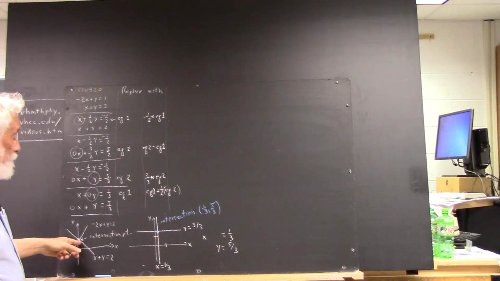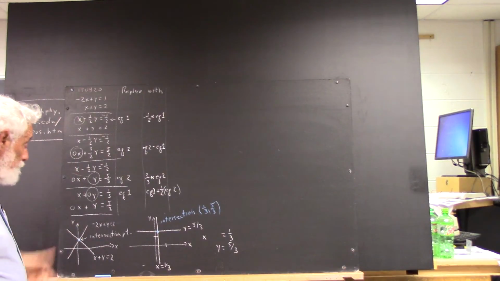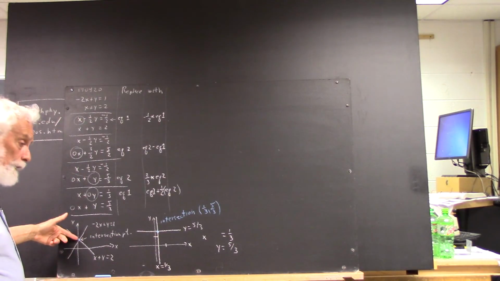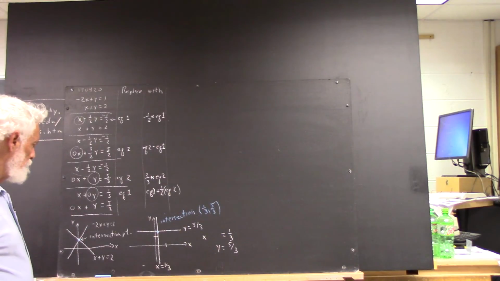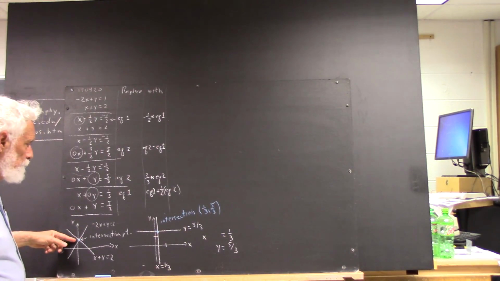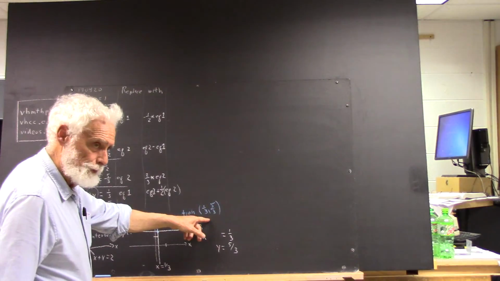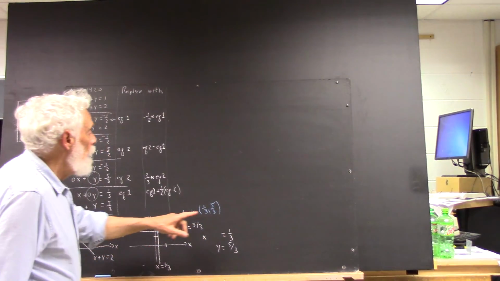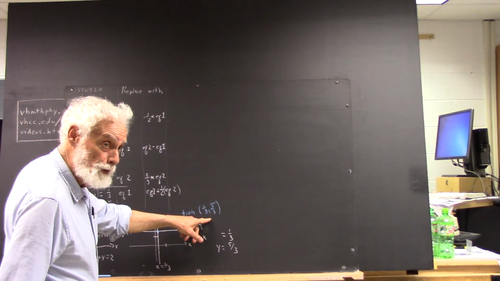Remember, we estimated this was 1/2, 5/2, 1/2, 3/2. That was the estimate a couple of people got, and that's the one we used. We compared that with this and saw that our estimate was pretty good. But when we did the algebra, we got this.